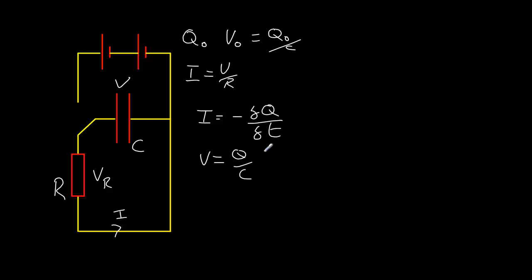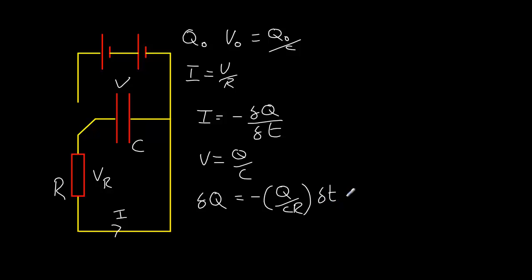If we eliminate I and V, we end up with delta Q equal to minus Q over the capacitance multiplied by the resistance multiplied by the very short time interval.